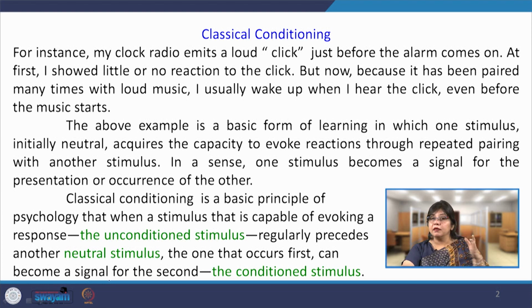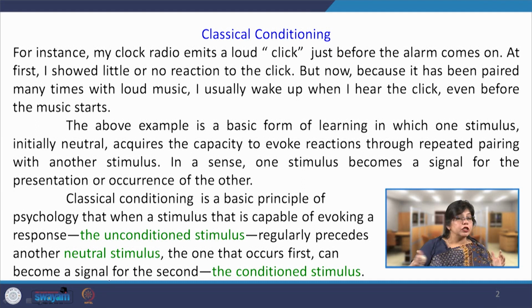So, this is an unconditioned stimulus which regularly follows another neutral stimulus. That means, the click and the alarm sound. So, the click is the neutral stimulus and the alarm is the unconditioned stimulus. The one that occurs first can become a signal for the second, that is the conditioned stimulus.